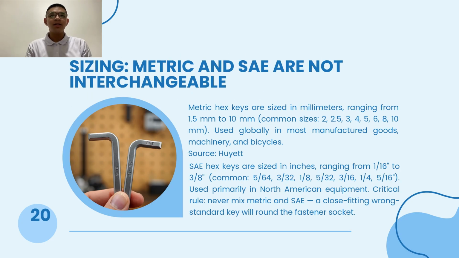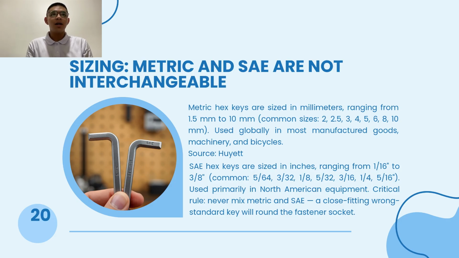Hex key sizing is divided into metric and SAE systems, and they are never interchangeable. Metric hex keys are measured in millimeters, ranging from 1.5 millimeters to 10 millimeters, and are used globally for most manufactured goods, machinery, and bicycles.